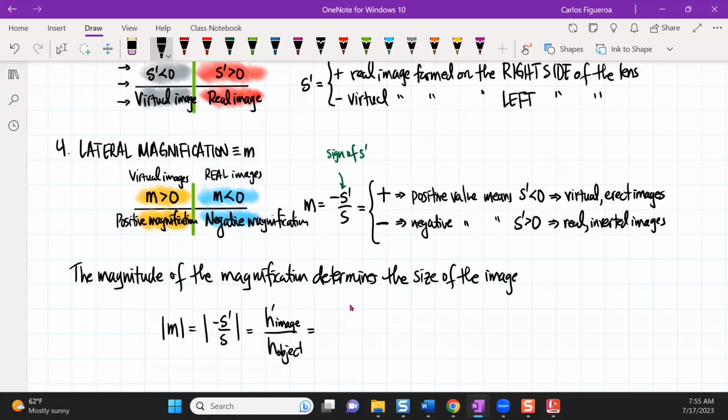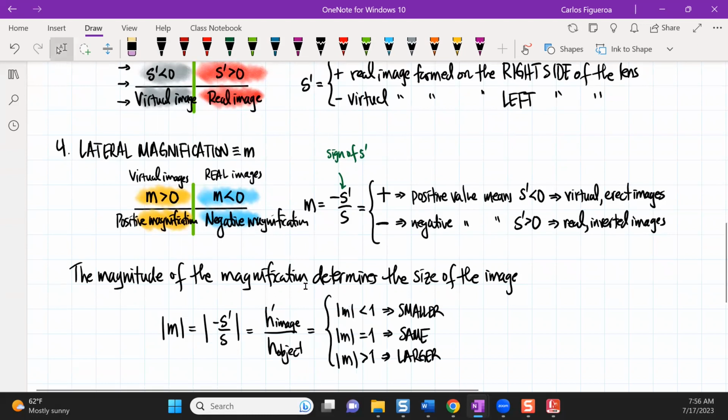And again, we've said this before, but this tells us that if the magnification is less than 1, then it's smaller. If the magnification is equal to 1, then it's the same size. And finally, if the magnification is greater than 1, then the image is larger than the object.